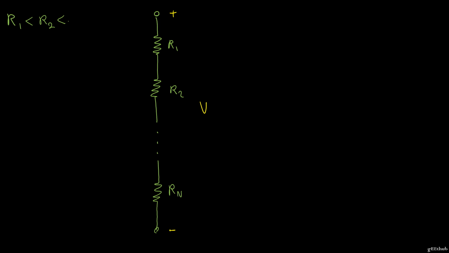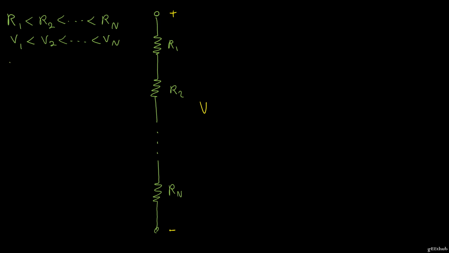To summarize today's lesson, if I have n resistors in series, and I apply a potential difference of V across all of them, and let's say my resistors are arranged such that R1 is the smallest and Rn is the largest, then my individual voltage drops across these resistors are going to be such that V1 is the smallest and Vn is the largest.